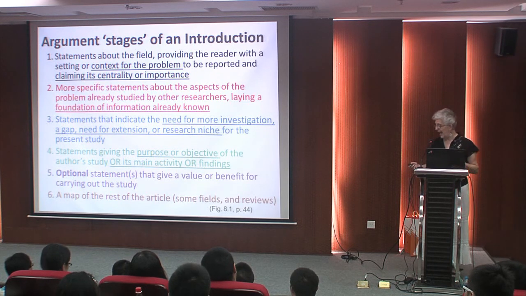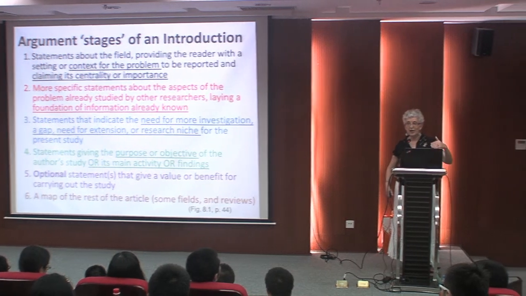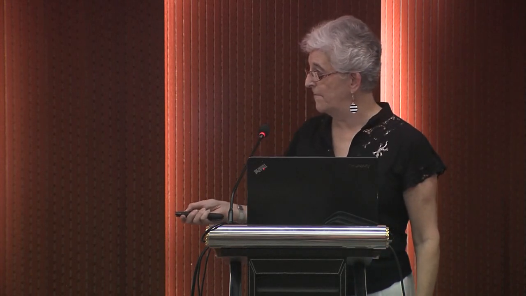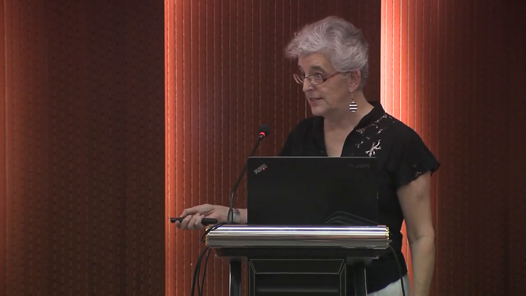Or it can be the main activity of the study: here we present, this study investigates. Or in some fields and some journals, there is a summary of findings or results at the end of the introduction. Not all, but in some fields and some journals, it's a requirement.